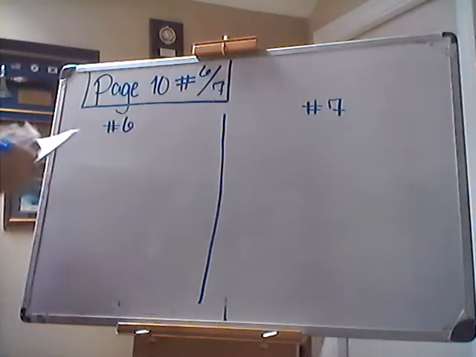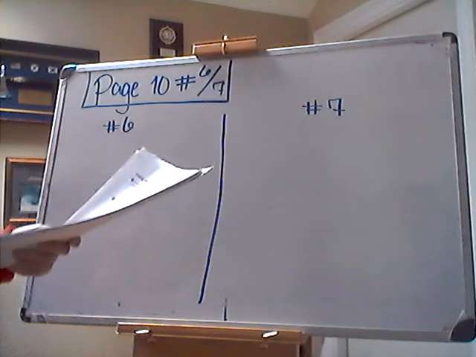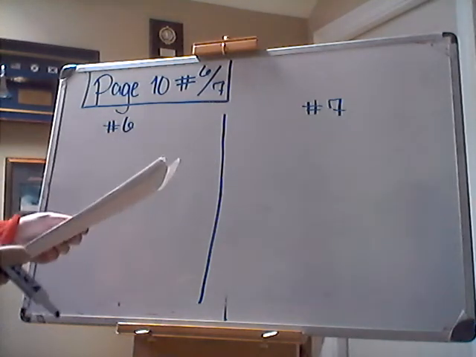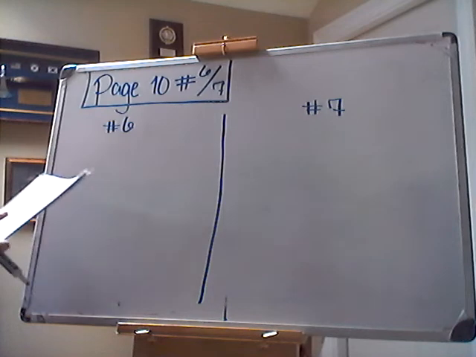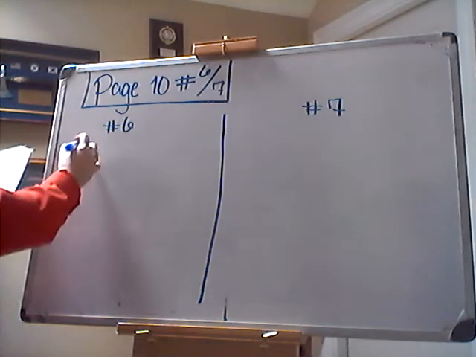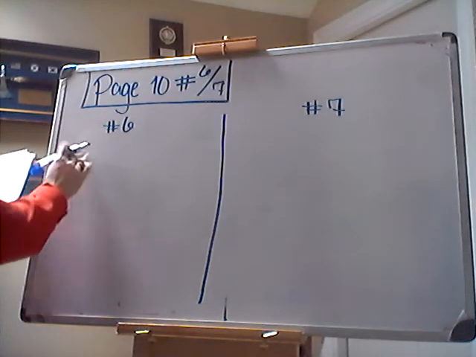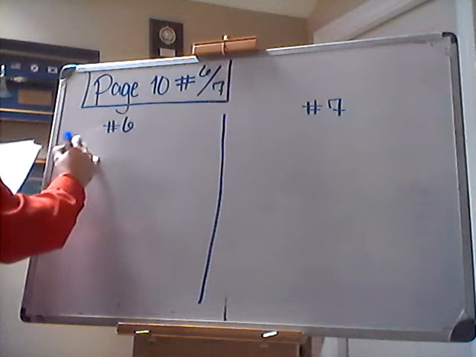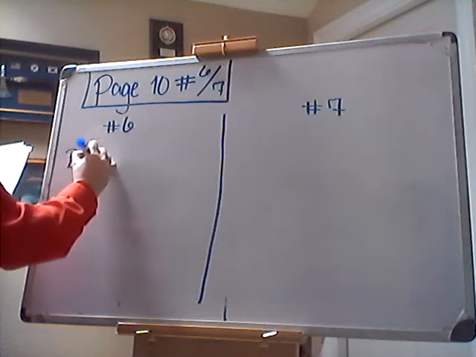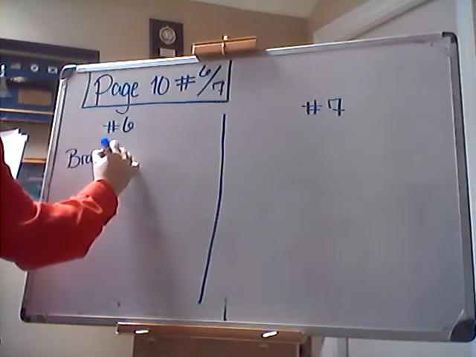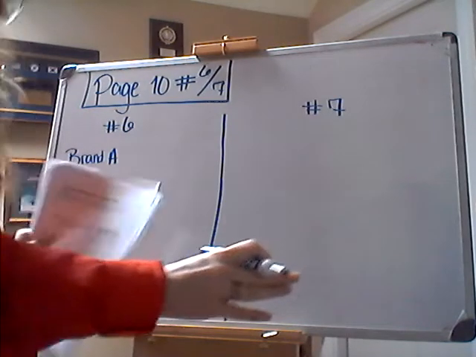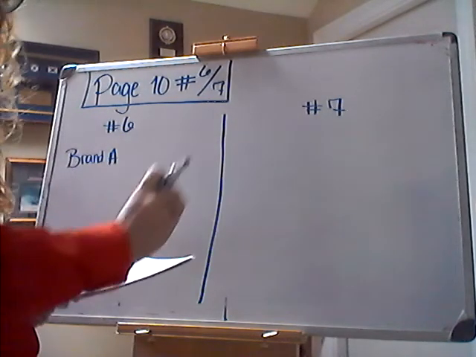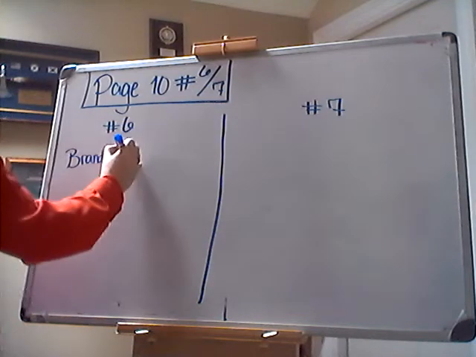All right. The table shows the price of 2 cereal brands and the number of ounces per box. Which is the better price per ounce? So for each of these, we're trying to find the price per ounce. So brand A. Keep in mind, to find price per ounce, we do price divided by ounces.